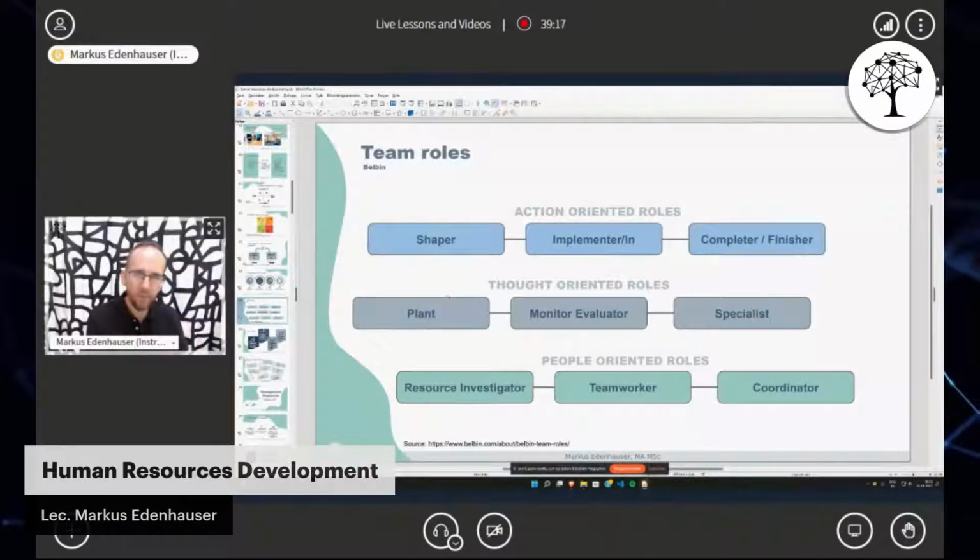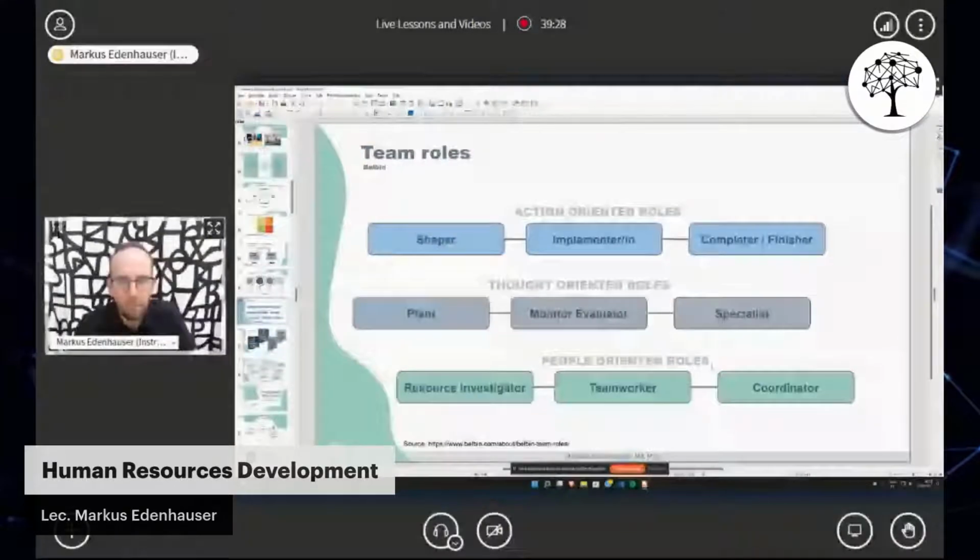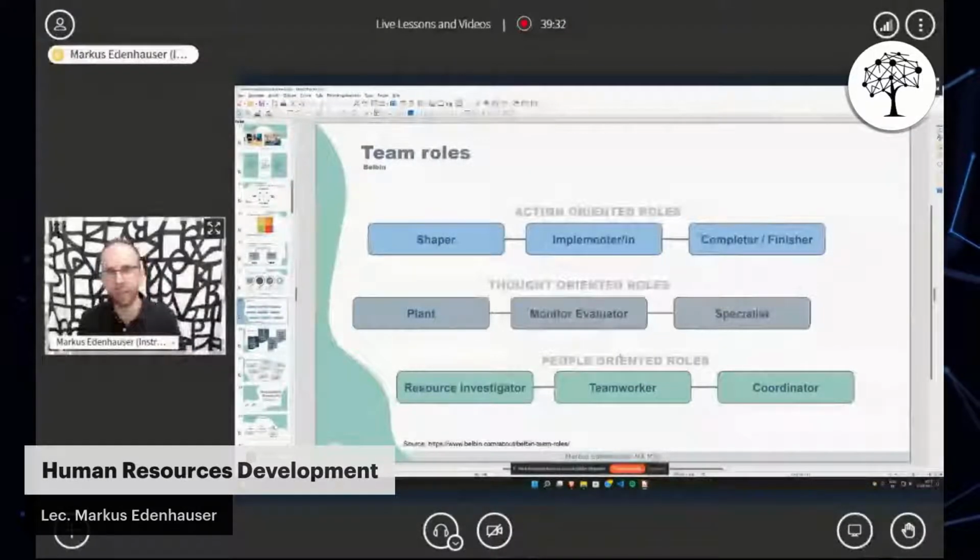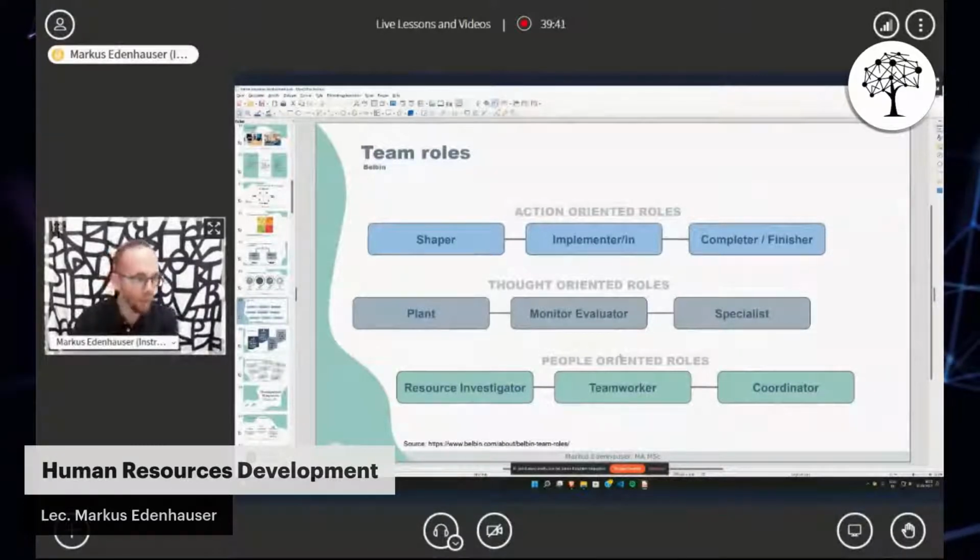For example, we have 3 different kinds of categories: action-orientated roles, thought-orientated roles, and people-orientated roles. And this makes a huge difference when it comes to teams, because if you have action-orientated roles, everyone is starting right into the work, and this could lead to a lot of discussion.